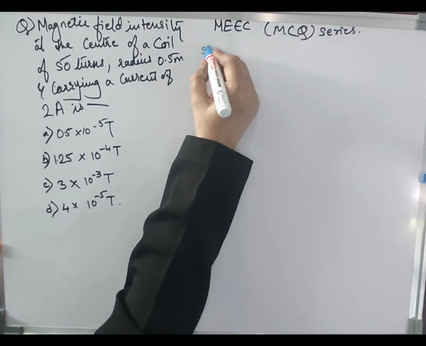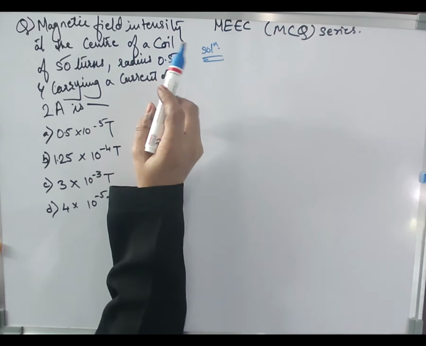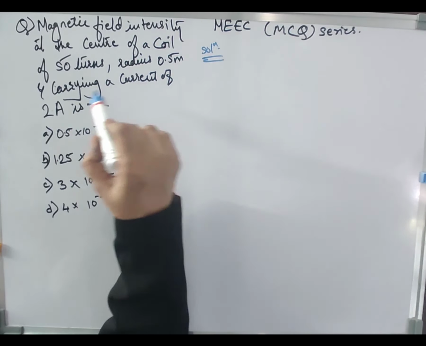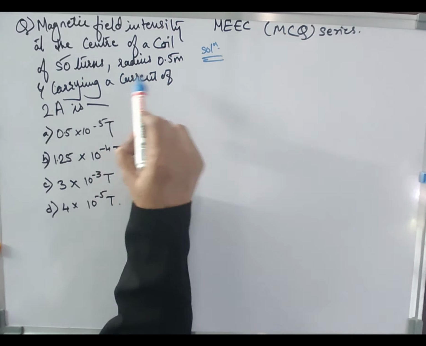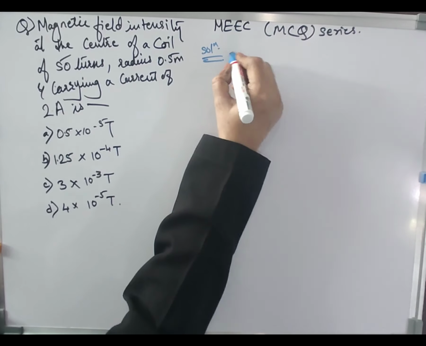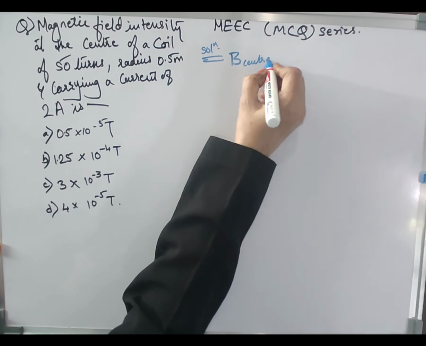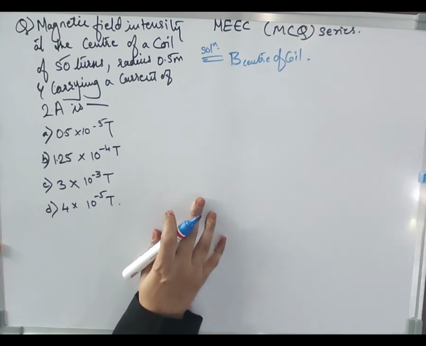See, our solution says we have to find the magnetic field intensity at the center of the coil, so we have to find B at the center of the coil, isn't it?